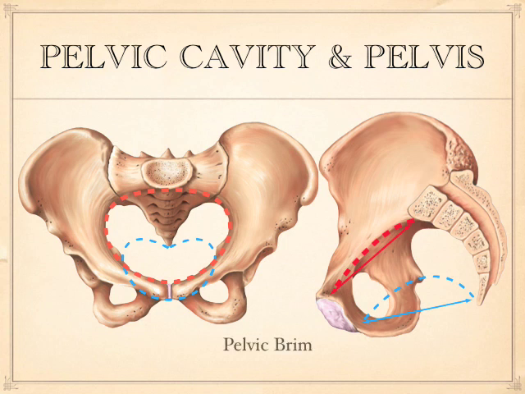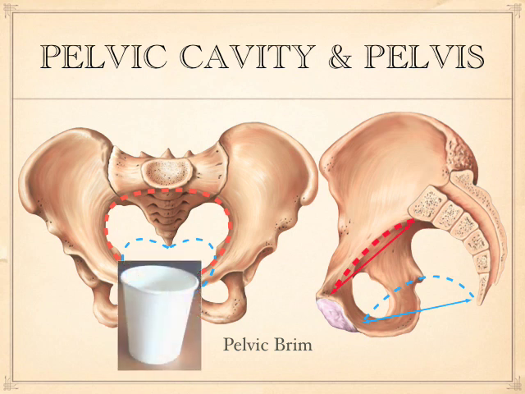Now the pelvic brim, which is one of the things on your list, is going to be this edge of the cavity. Picture this like a cup or a glass. Where is the brim of a cup? Fill it to the brim. Right, it's this top edge, isn't it? It's that top edge.